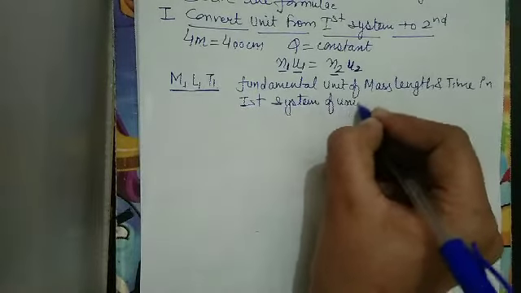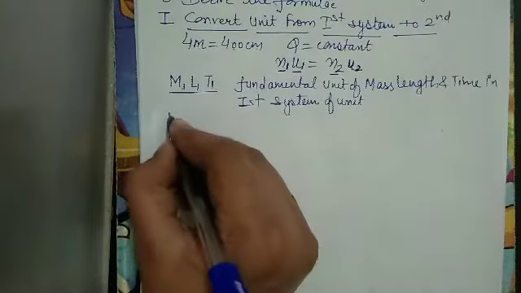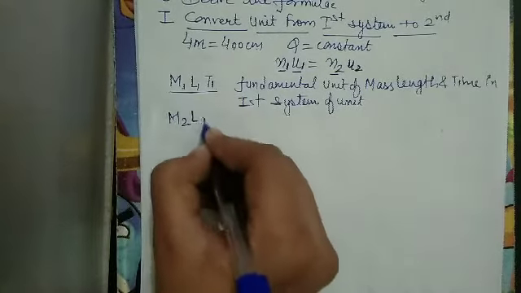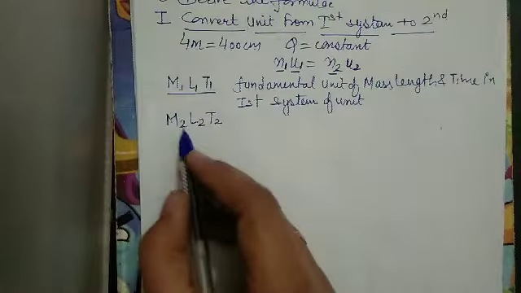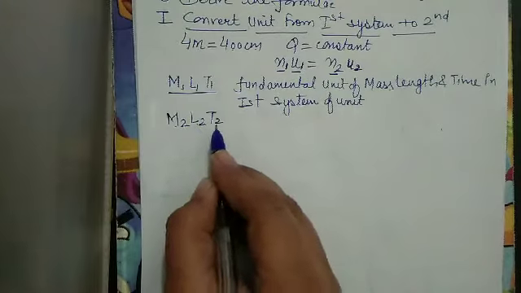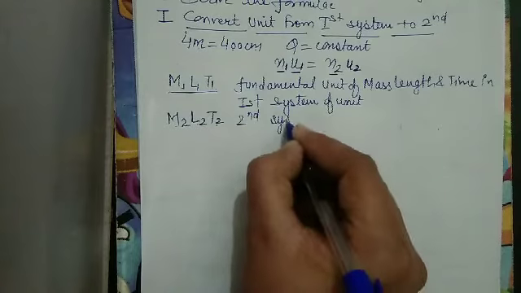Now I want to change this one into another having M2, L2, T2, that are fundamental units of mass, length and time in the new, that is the second system of unit.